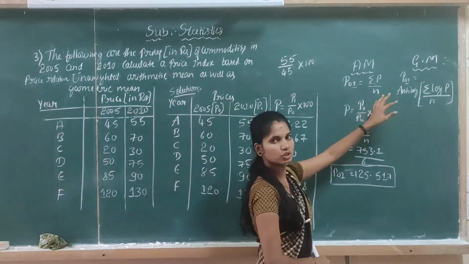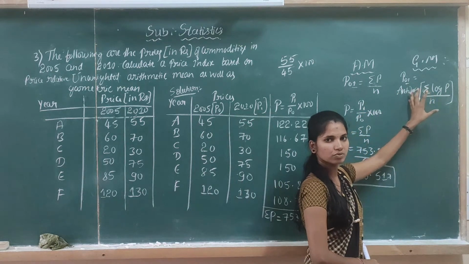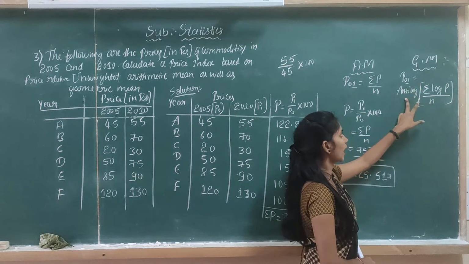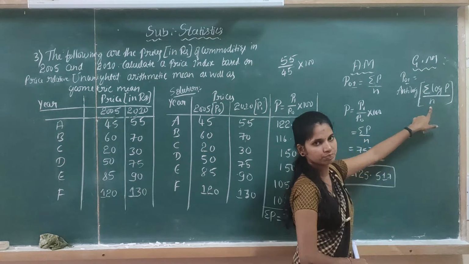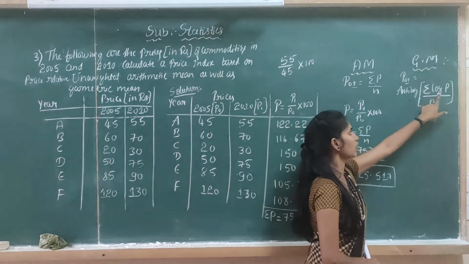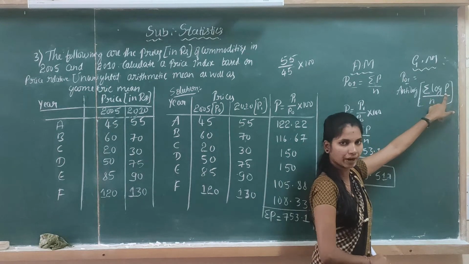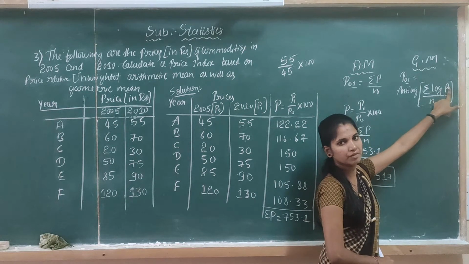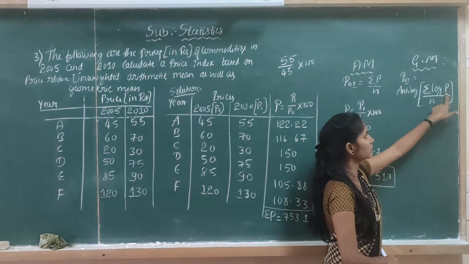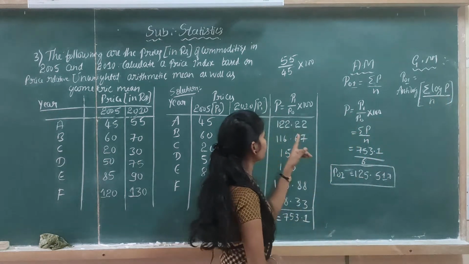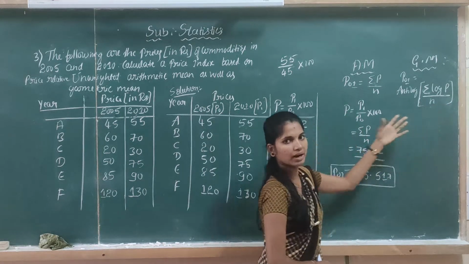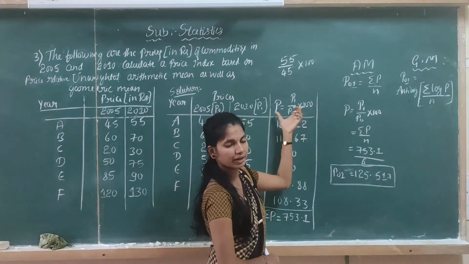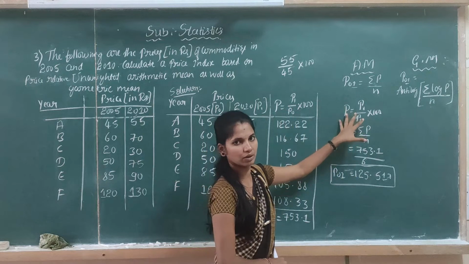Next is the geometric mean. The formula for the geometric mean is antilog of summation log P divided by N. Here, summation log P means you have to find the log of the P values. You already found the values of P. So log P is nothing but the log of the P value.